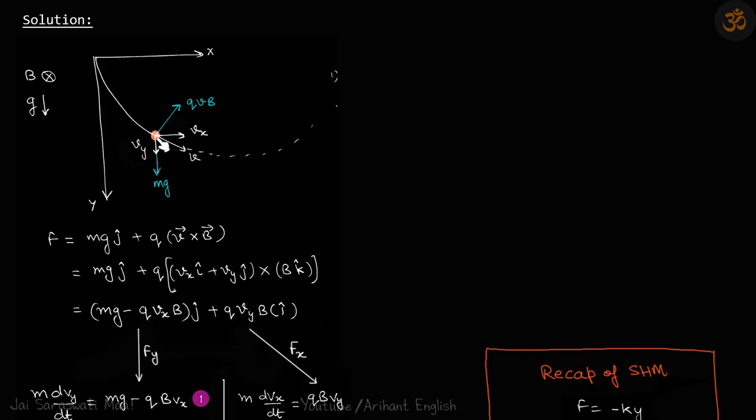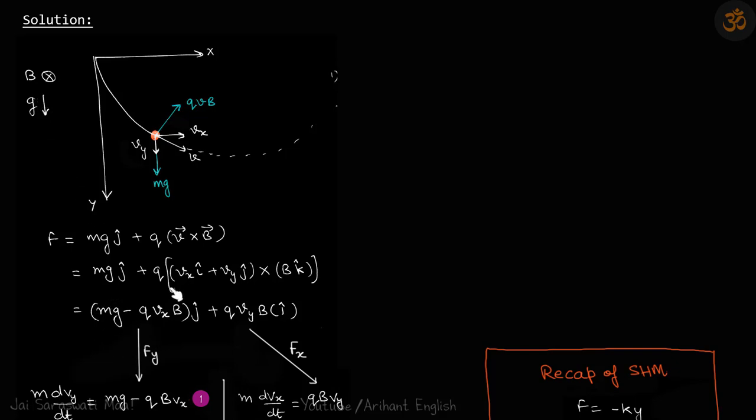So at this point, let's write the equation of force. So force is equal to mg j cap plus q into v cross B. So we are writing force in vector form. So v is vx i cap plus vy j cap and B is B k cap. So this is i, this is j, then by right hand thumb rule, inside the plane is k. So magnetic field is B k cap.